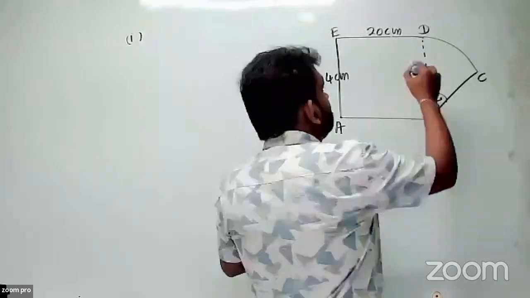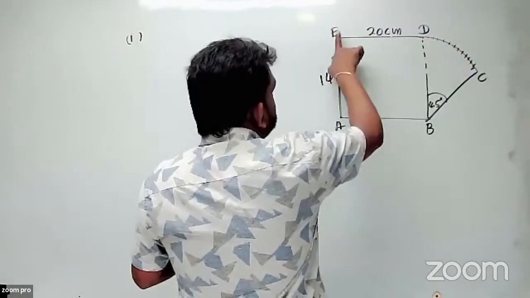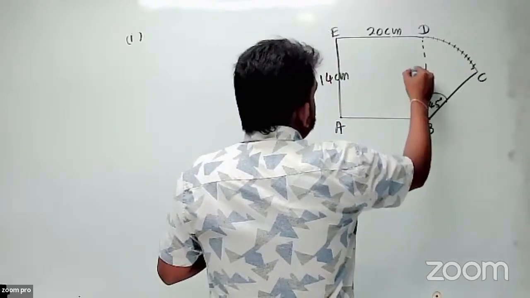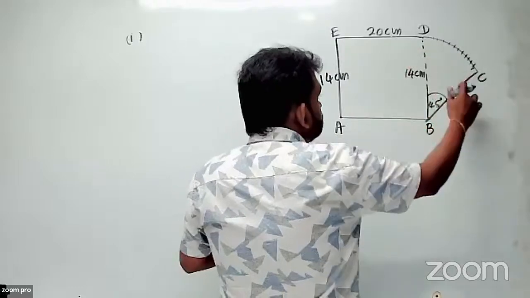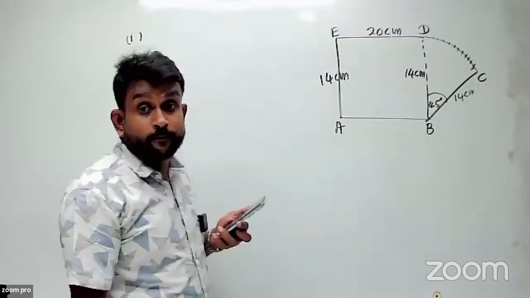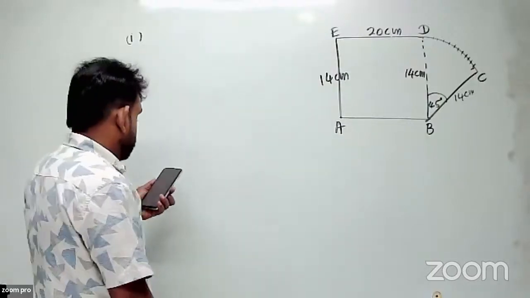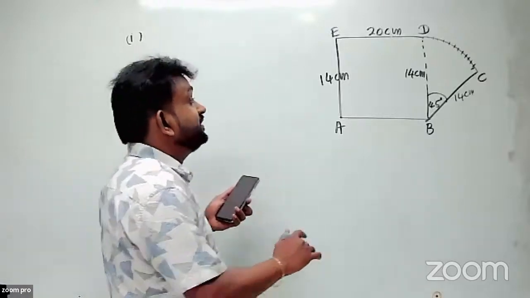This length is being asked. So you know that this is 14 centimeter. This is also 14 centimeter. Then this is the radius, also 14 centimeter because it is the same radius. Now you can write 45 degrees there. What they ask is the arc length DC.